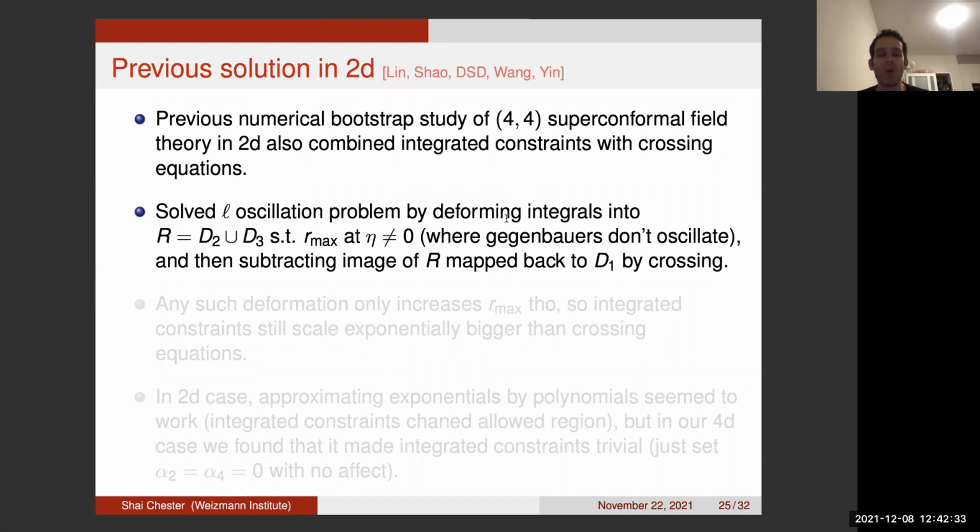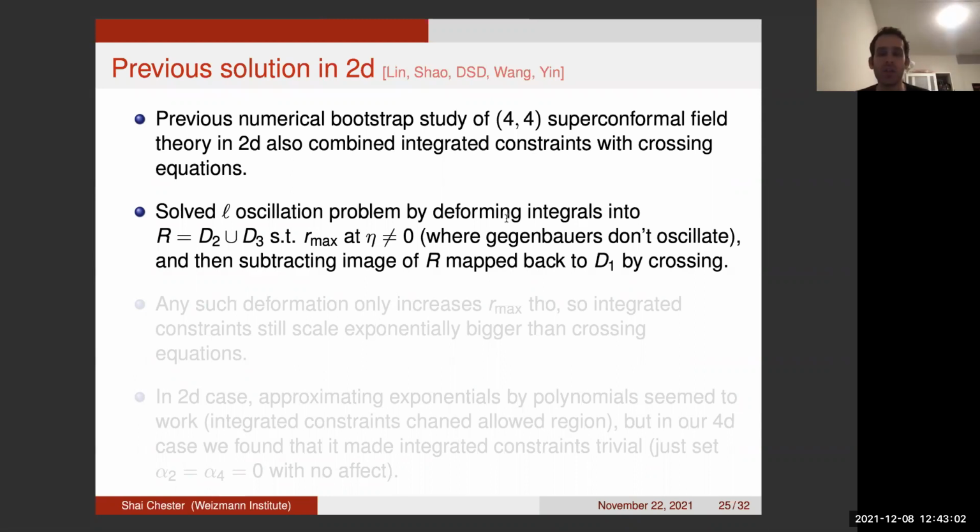The way they got rid of problem number 1, the oscillation in spin, is that instead of doing the integrals just over this region D1, you could push the region into D2 and D3, so you make it a little bit bigger. Now the maximum value of R would occur when eta is not 0, so that the Gegenbauers don't oscillate. As a result, your integrated constraints do not oscillate in spin. Then you could take into account the fact that you made your region a little bit bigger by subtracting off that extra piece after mapping it back into the original fundamental domain.